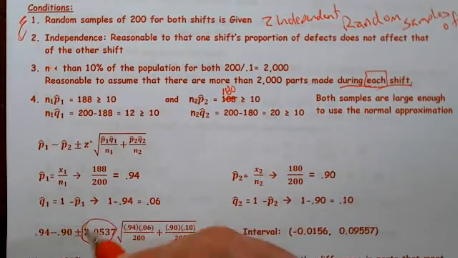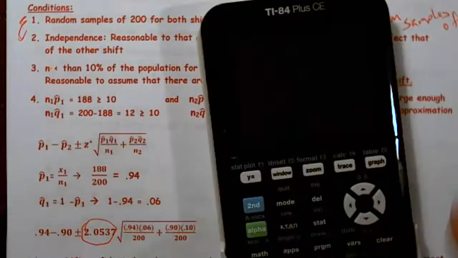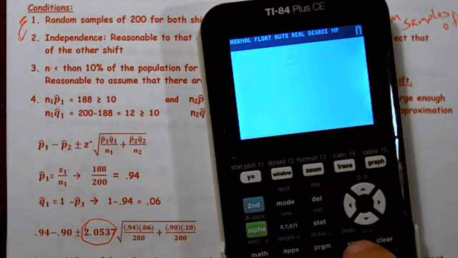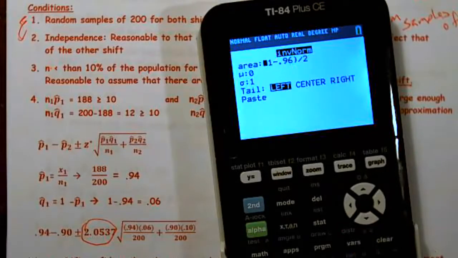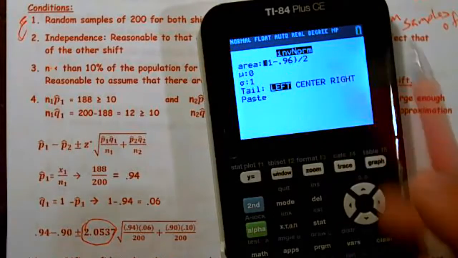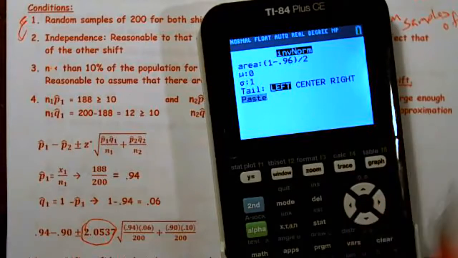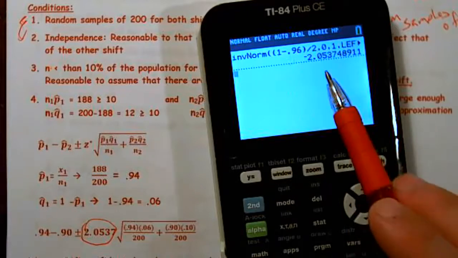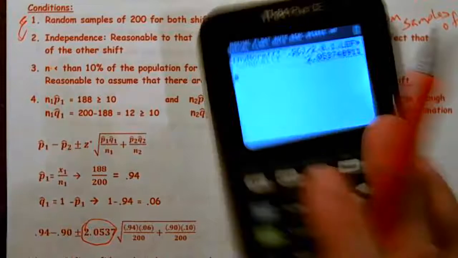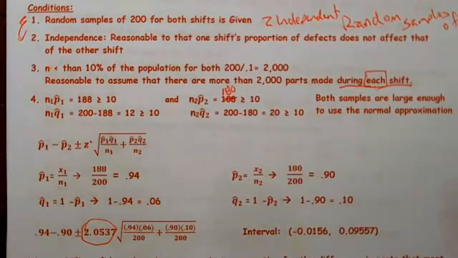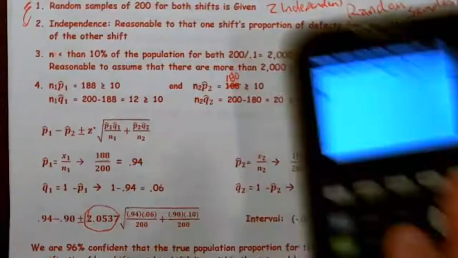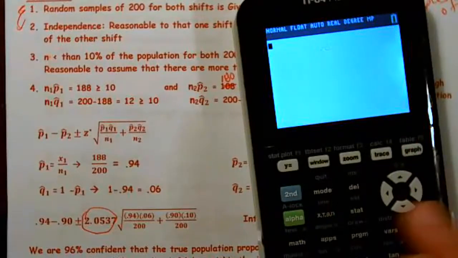That way, when I plugged it into the formula, I get something like this. But I need to go ahead and calculate my Z star. Z star is second VARS, inverse norm, 1 minus 0.96 divided by 2. And we end up with 2.0537. All right, and now we're ready to actually run the interval.